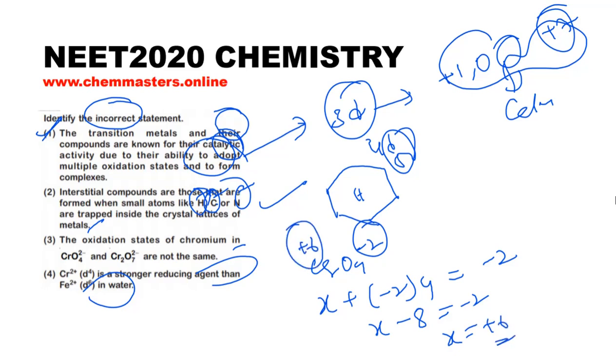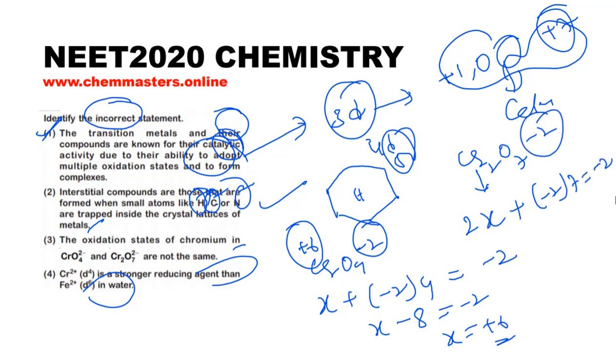Now just look at the next one, Cr2O7 2-. Consider chromium as X, and how many chromiums are there? 2X plus each oxygen minus 2 into how many oxygens? 7. It should equal minus 2, the total charge. So 2X plus minus 14 equals minus 2. So 2X equals 12 and X equals 6.